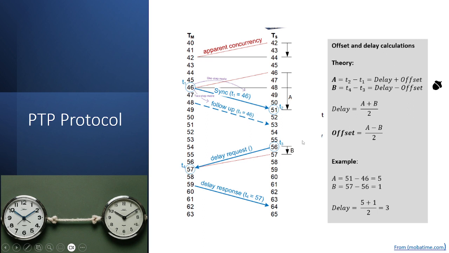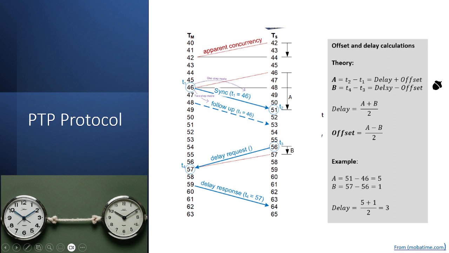Now the way this calculation works is that you calculate 2 different values, A and B. A is the total perceived delay between the message being sent and the message being received by the intelligent device, which is T2 minus T1.